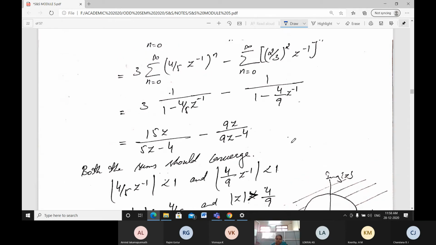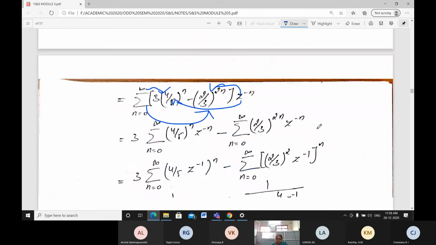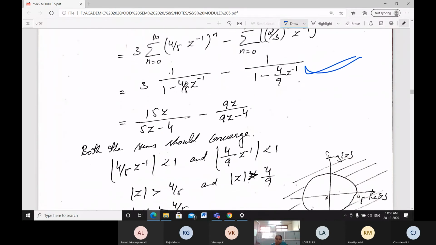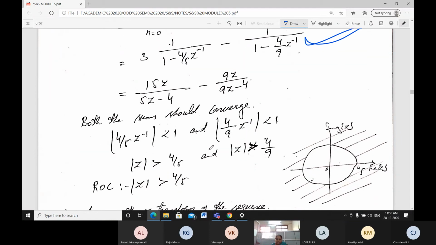To find the region of convergence, where do you have to go? After substitution of the equation, you have to take this equation. Therefore, 4 by 5 z inverse is less than 1. Then 4 by 9 z inverse is less than 1. Then you will get mod of z is greater than 4 by 5 and mod of z is greater than 4 by 9.